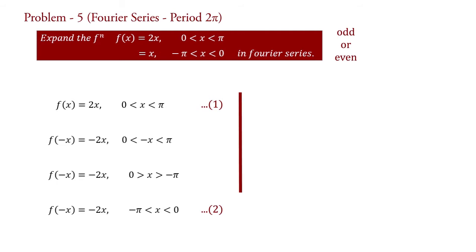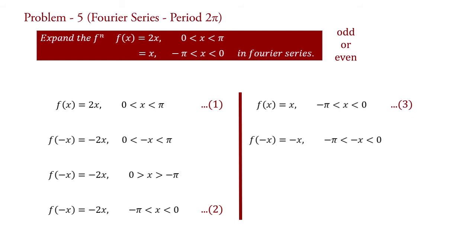Now, the remaining part of the function is f of x equal to x for minus pi less than x less than 0. Take x equal to minus x for every x. Therefore, f of minus x equal to minus x for minus pi less than minus x less than 0.